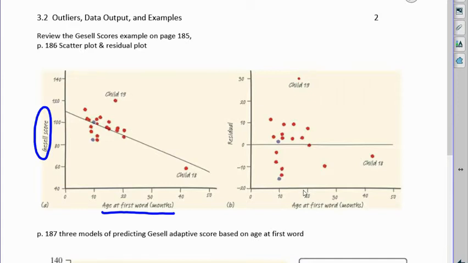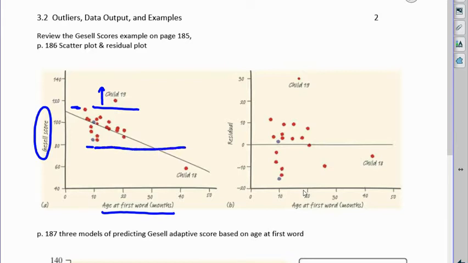Now, who's an outlier on here? As you look at this general trend of the data, this child 19 is higher than any other y value. That gives the potential for this child 19 to be an outlier in the y direction.